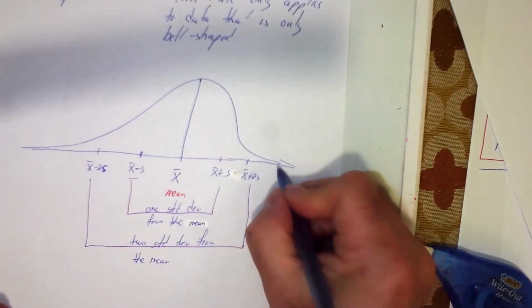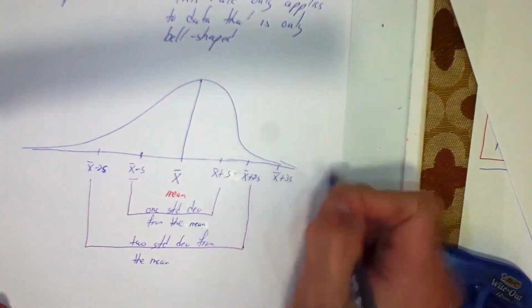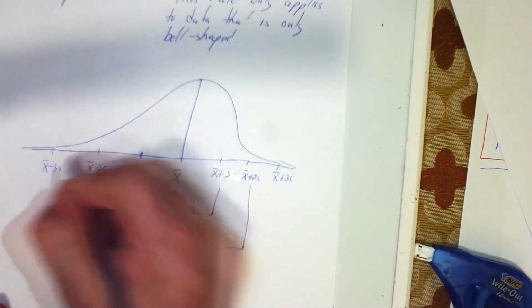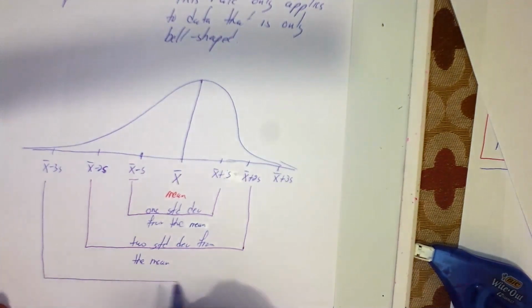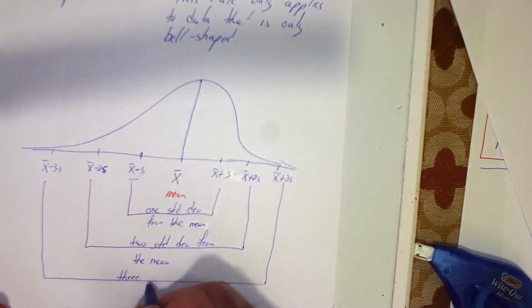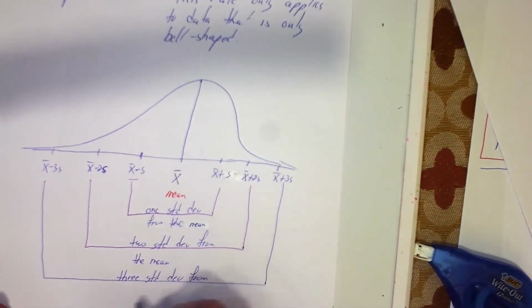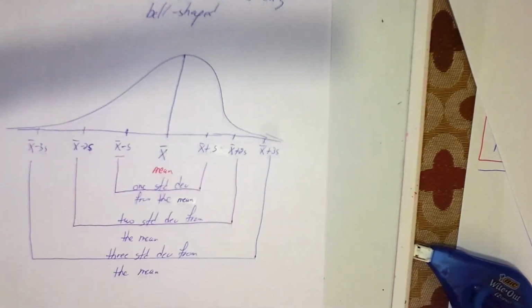And if this is plus 3S, then over here it has to be minus 3S. So what is the distance from the mean? It is 3 standard deviations from the mean. Right. And then we put percentages.